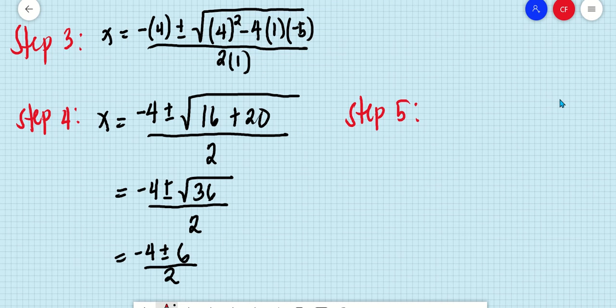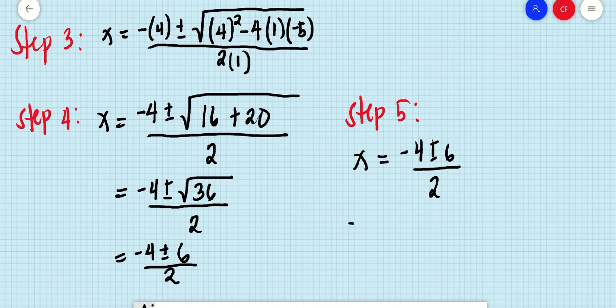Okay? So, for step number 5, syempre, equate natin into 0 yung part na to, yung equation na to. Okay? Susulat lang natin x equals negative 4, positive, negative 6 all over 2. Okay?